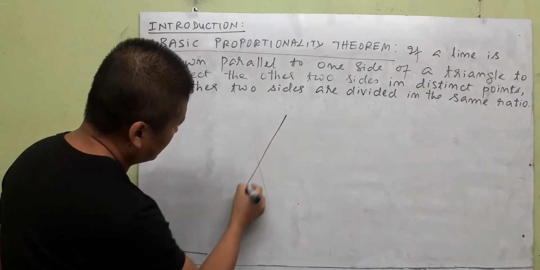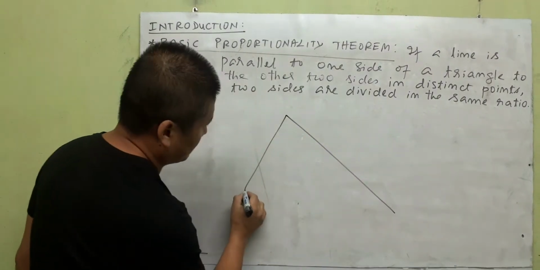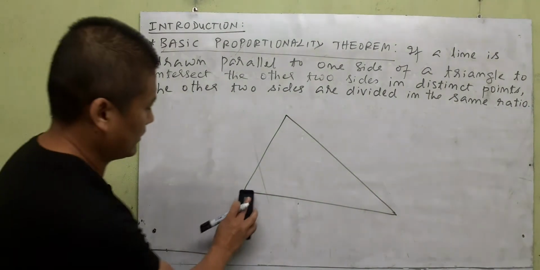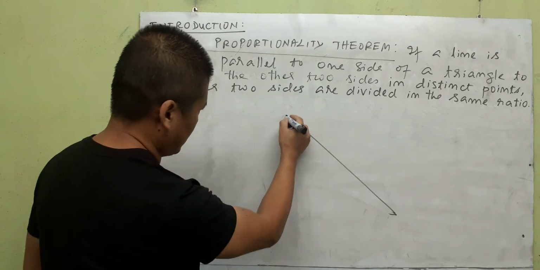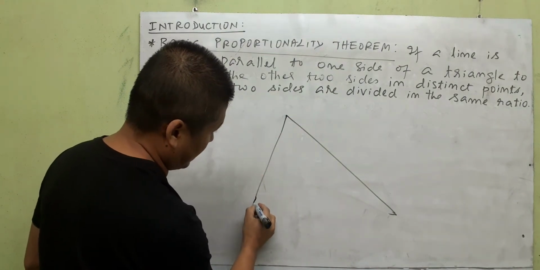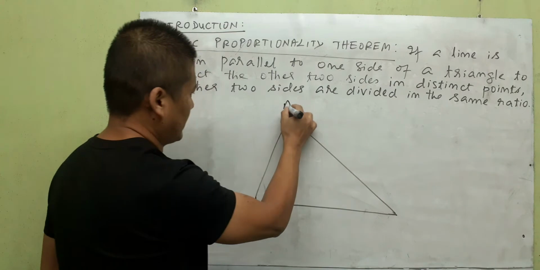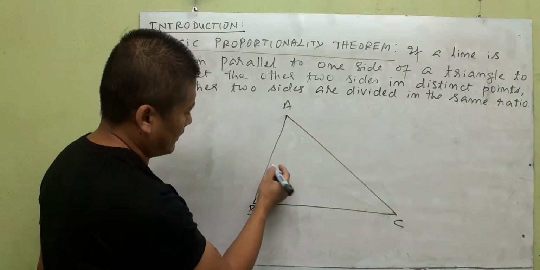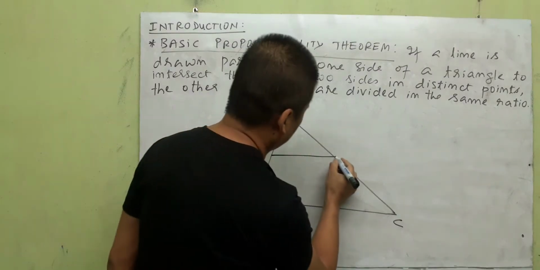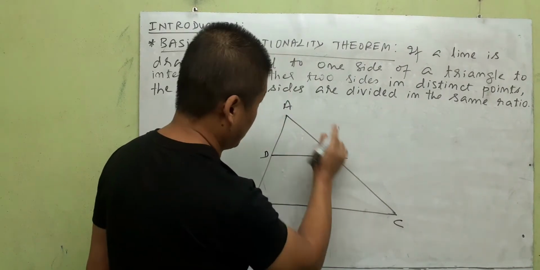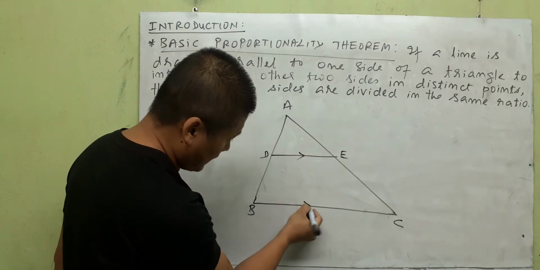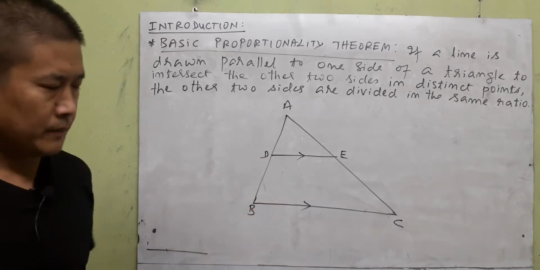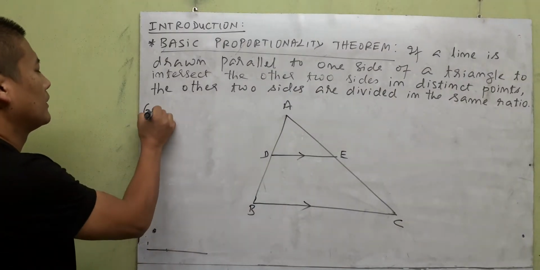Let us have a triangle here, maybe a reasonably big one. This triangle, let us say, represents a triangle for us. It is A, B, and C. Draw along with me. And let us say this line here, DE, what the theorem is saying, is drawn parallel to one side BC. The single arrow pointing in the same direction would mean parallel. So let us write the given.